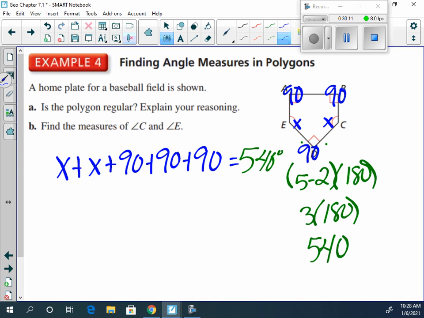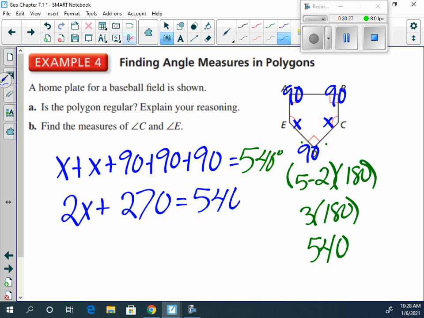And let's solve. Well, x plus x is 2x. 90 plus 90 plus 90, well, 90 plus 90 is 180. 180 plus 90 is 270. All right, what do we need to do next?